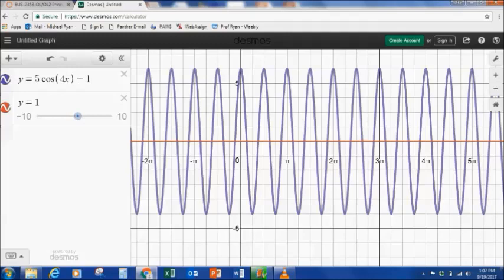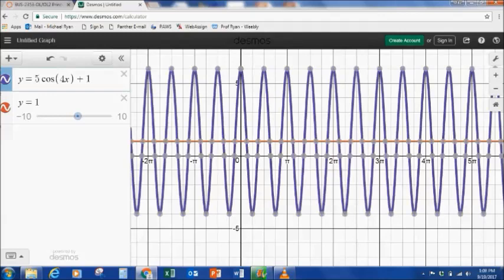Then if you want to find the amplitude, you would subtract the bottom number from the top number. So 6 at the top minus -4 is 10, and then divide that by 2, and that would give you the amplitude. So 6 minus -4 is 10, divided by 2 is 5, so the amplitude here is 5.